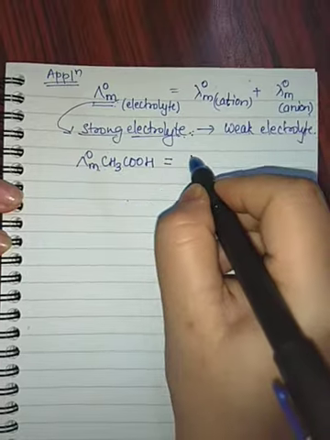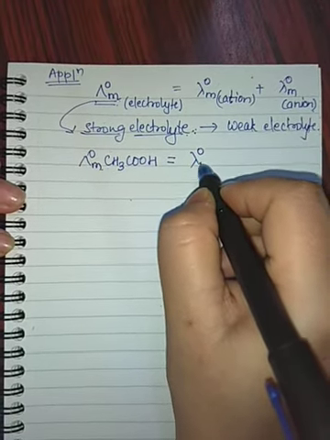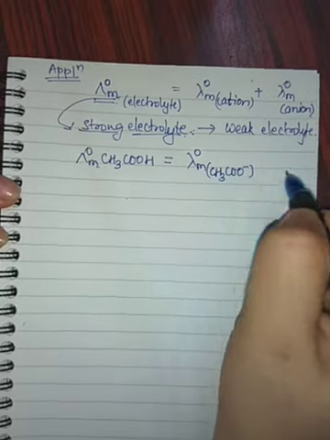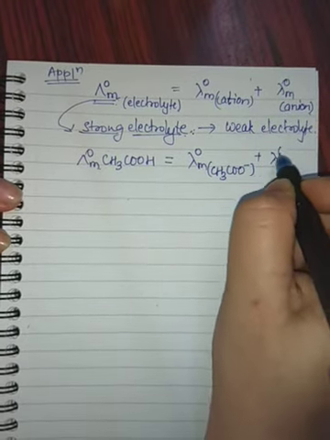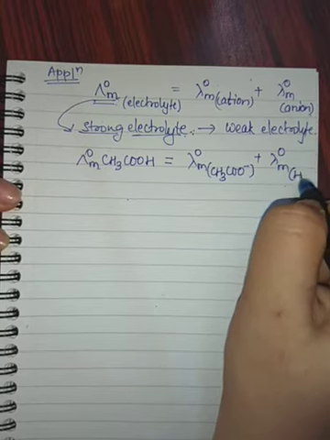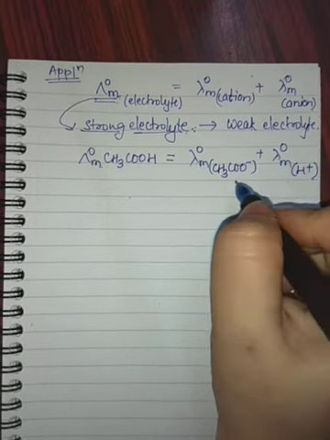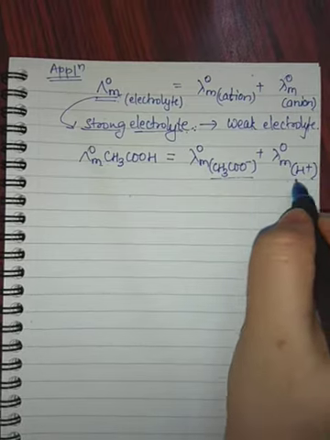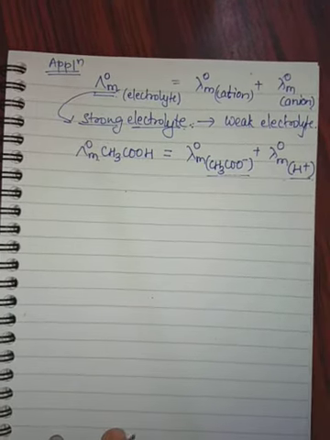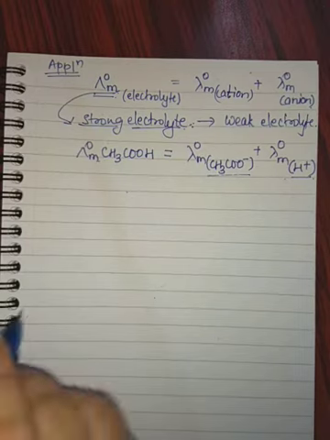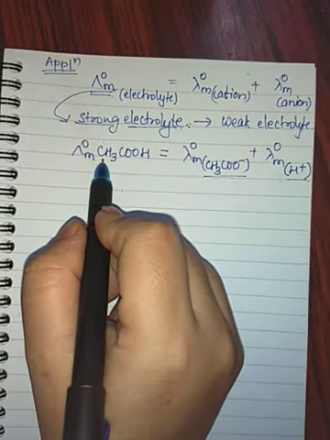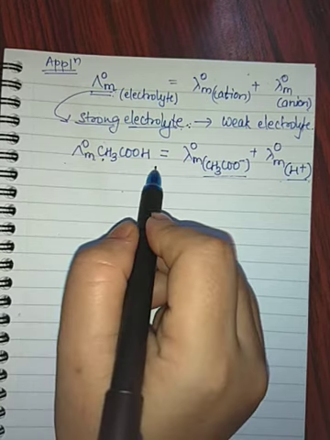According to Kohlrausch law, this will be the individual molar conductivity of acetate ion plus the individual molar conductivity of H plus ion, because acetic acid is going to produce acetate and H plus ion when dissolved in water. Now, since this is a weak electrolyte, we cannot calculate this from the graph.